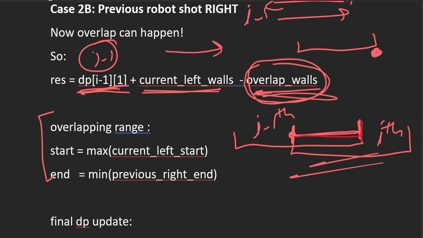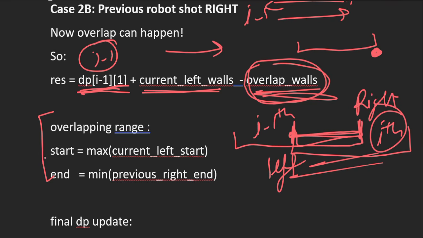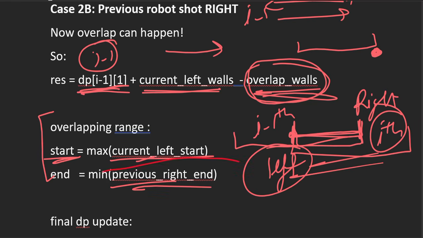So if you see the overlapping range, it is from the left of the ith robot to the right of the I minus 1th robot. So the overlapping range is the current robot's left start and the previous robot's right, right? So we get the overlapping range, and in this range we will find the number of walls.